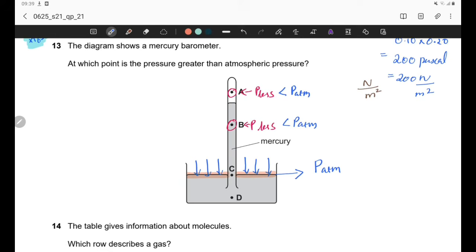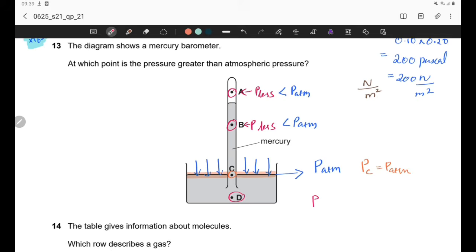But when we look at the option C, we can see that C is a point which lies exactly at the level of atmospheric pressure. From this we can understand the pressure at C must be equal to the atmospheric pressure. Now option D is lower than the level of atmospheric pressure.